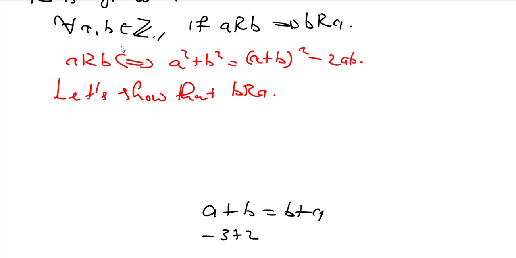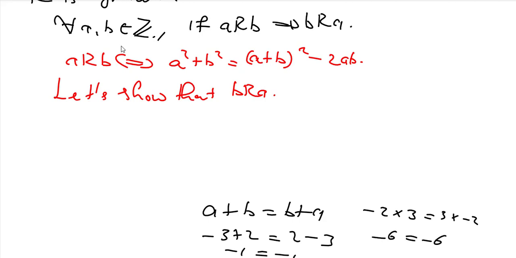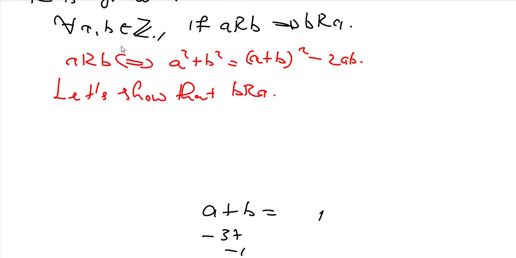If you take negative 3 plus 2, it should be the same as 2 minus 3, which will equal negative 1. Likewise with the product, negative 2 times 3 should be equal to 3 times negative 2, and this will give negative 6 equal to negative 6. So in the set of integers, addition and multiplication are commutative, and so we can use that particular property here.